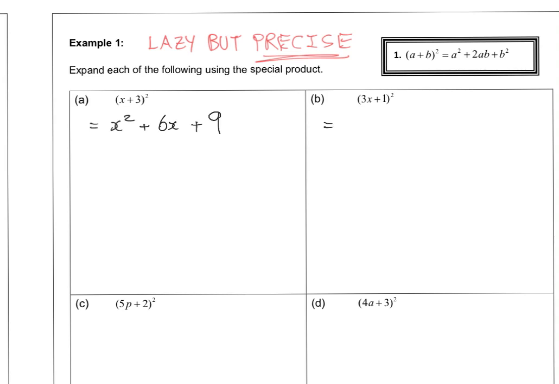Next, 3x squared. What should I get? Lauren? 3x squared is 9x squared. Great. Second term. What's my second term, Kang Yu?